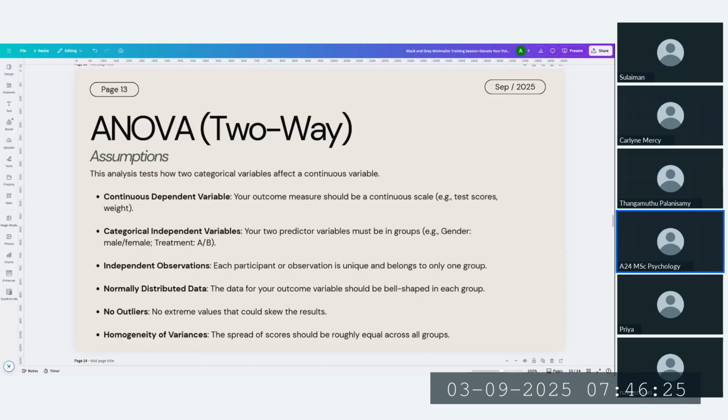Normally distributed data, this is typically taken care of by your software. Your data should be normalized. Now, I think there are newer models now which account for non-normal data. There are ways to deal with that, but that's not in the purview of our syllabus. No outliers, extreme values, right?